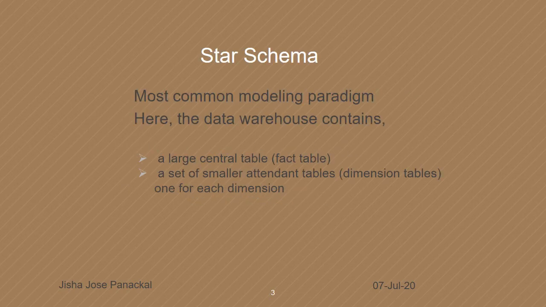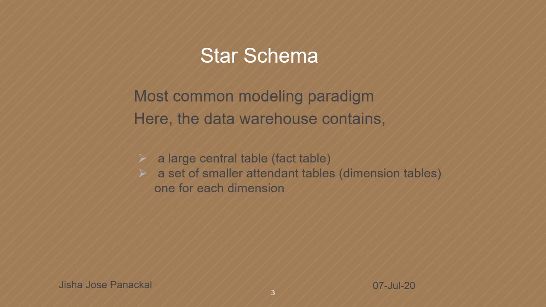We will see what is a star schema. As the name suggests, it looks like a star. This is the most common modeling paradigm. Here the data warehouse will contain a large central table, that is the fact table. We have already seen what is a fact table and what are the different dimension tables.